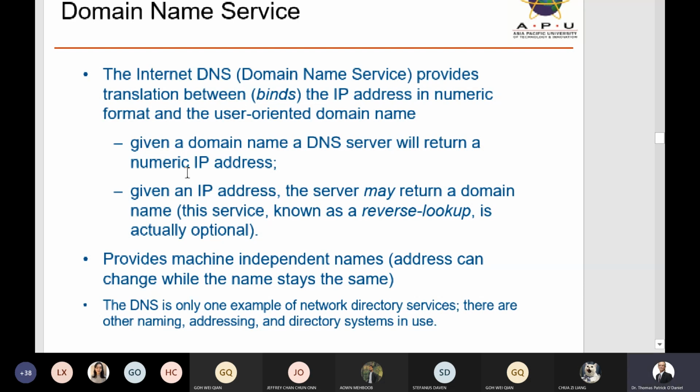Some people don't put it in because they want to keep that a secret. They're super paranoid, super security conscious, right? But most of the time, chances are you can give a DNS server an IP address, and you can get it to give up some names that are associated with that IP address.